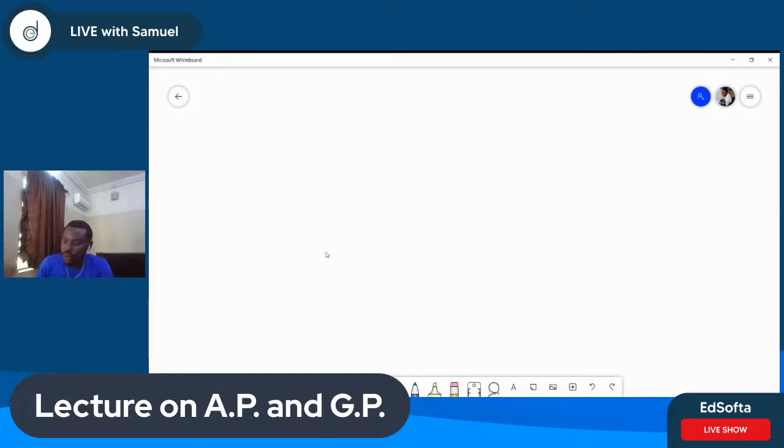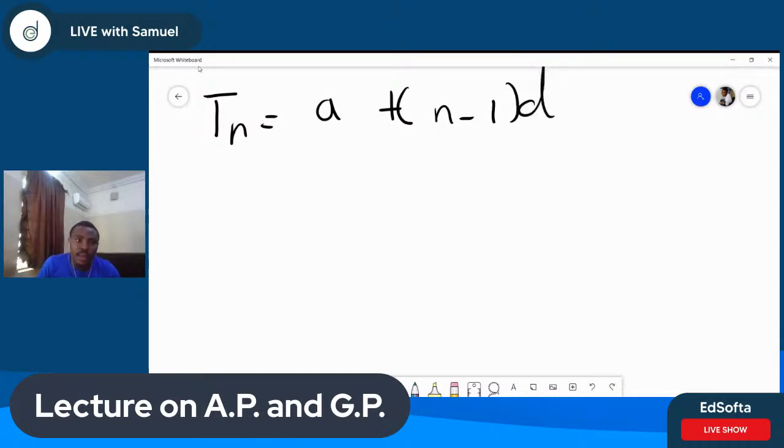So Tn is equals to a plus n minus 1 d. Now from the slide, a is the first term, d is the common difference.